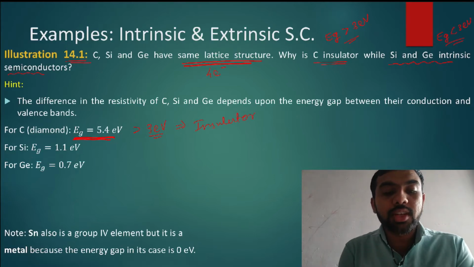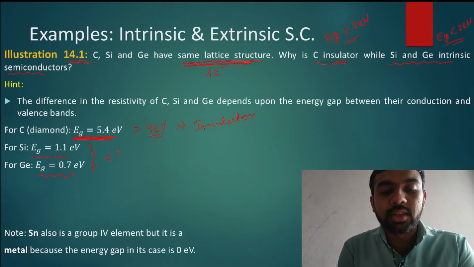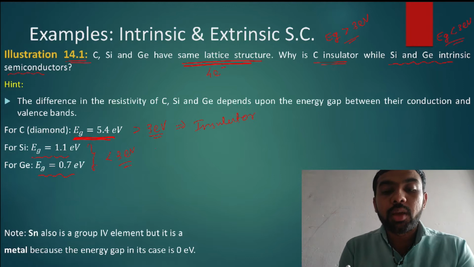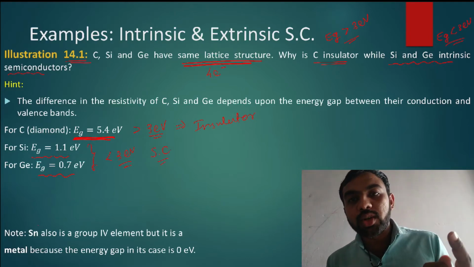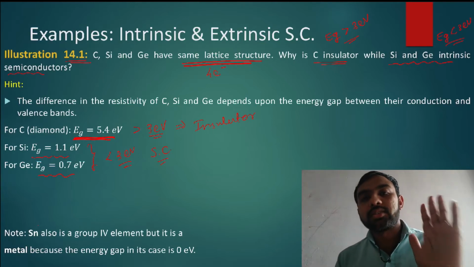And if you consider silicon and germanium, the gaps are 1.1 eV and 0.7 eV, which are both less than 3 electron volt. What is the meaning of this? Both behave like a semiconductor. So carbon is an insulator and silicon and germanium are semiconductors.